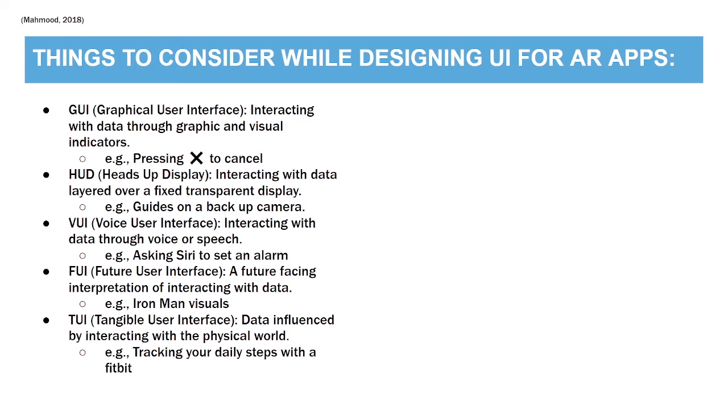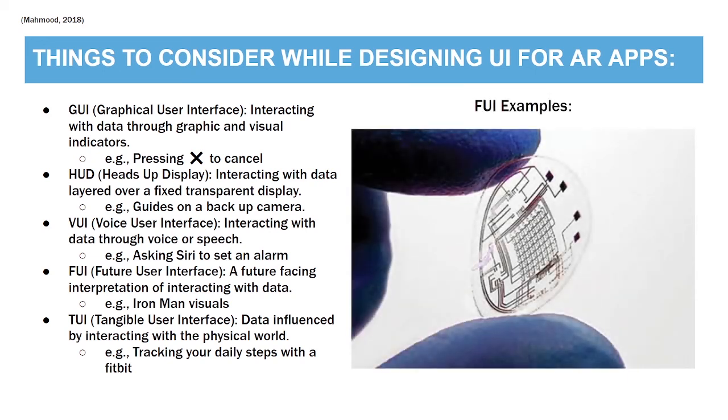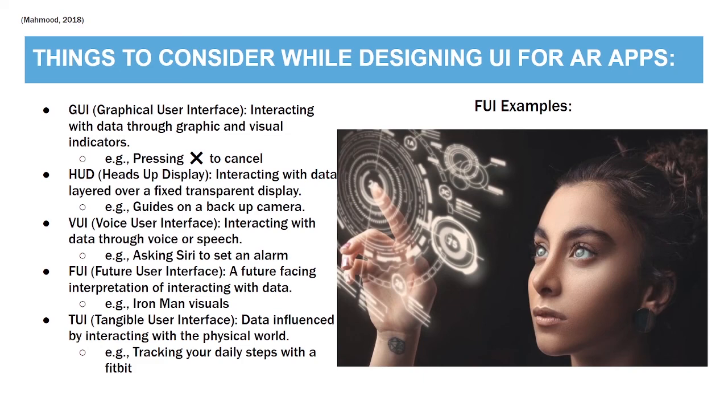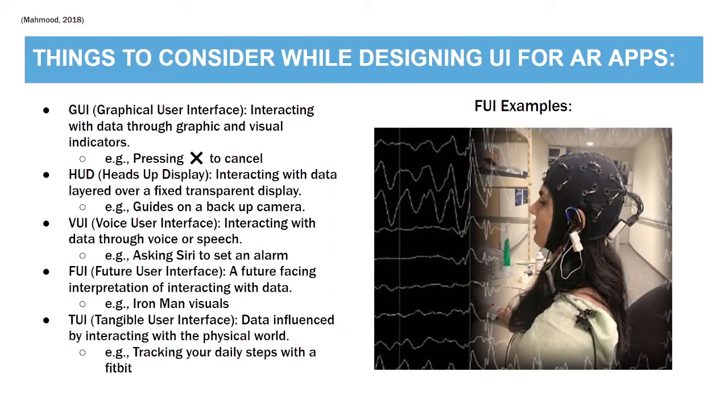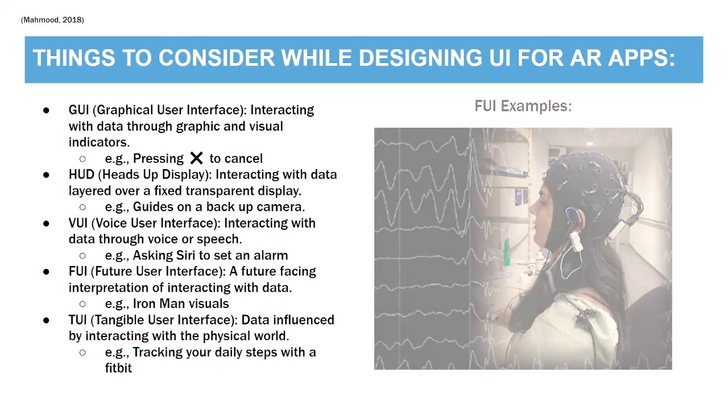For example, Iron Man visuals when he's talking to Jarvis and using the user interface of his battlesuit. Other examples include the idea of contact lenses with screens on them that project displays, holograms, and brain-computer interfaces.